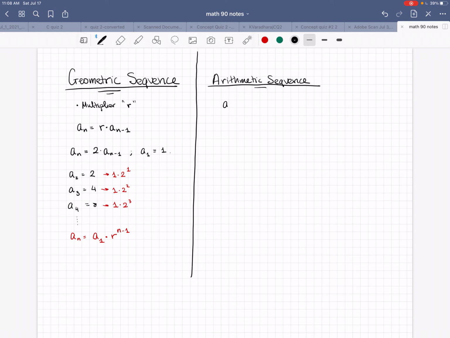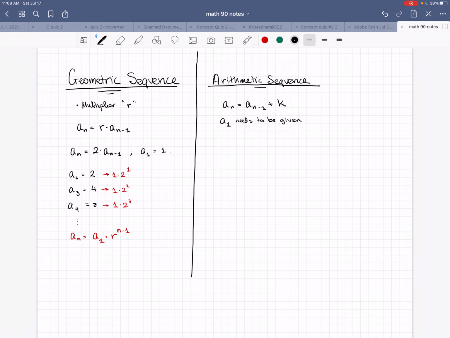So a sub n is a sub n minus 1 plus some constant. And we'll just call it k here. You can really call it anything that you want. So similarly, we also need to be given the first term. This is generally the case with recursively defined sequences. You need to know your first term.